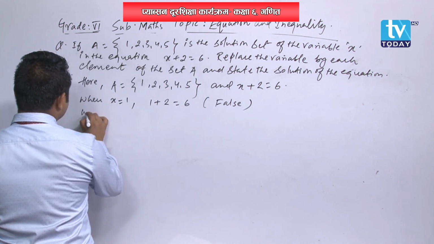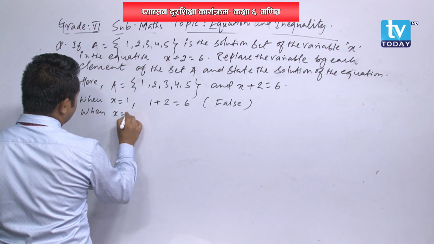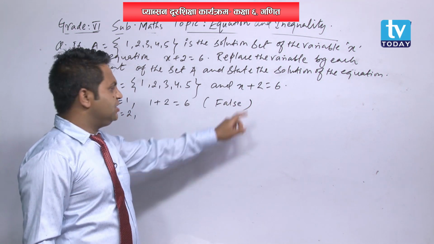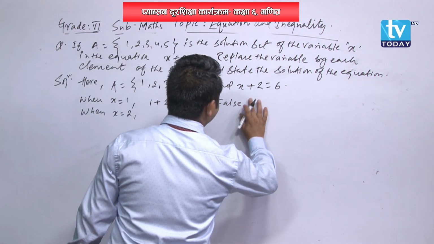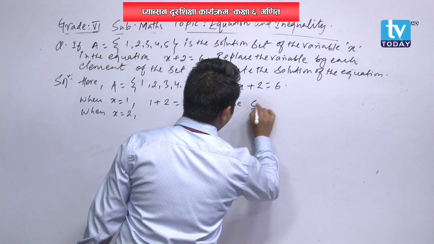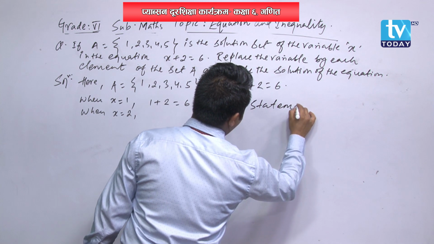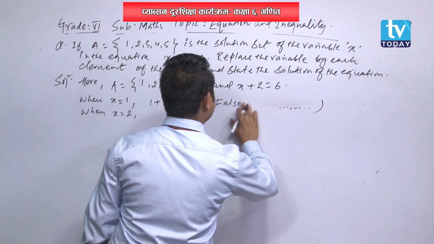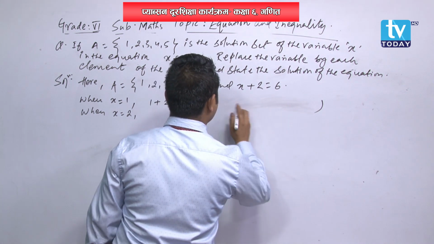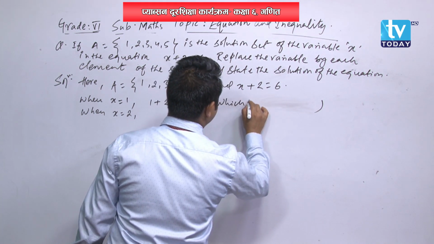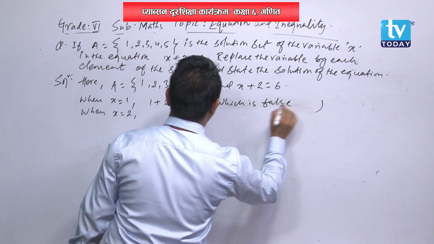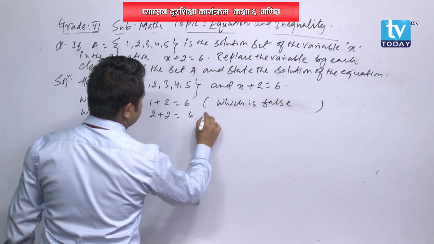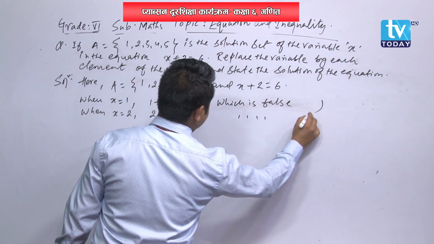When x equals 2, you can replace here, 2 plus 2 equals 6, which is also false.